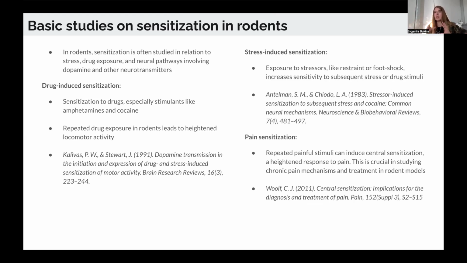Then another branch is stress-induced sensitization. It's also important for those who study behavior in animals, because by some means we can cause stress in animals even without wanting that. It was shown that constant stress, some pain, can cause that overreaction in animals.